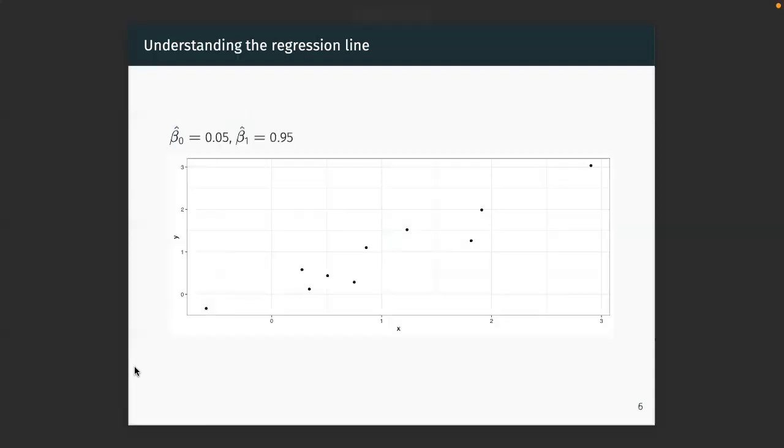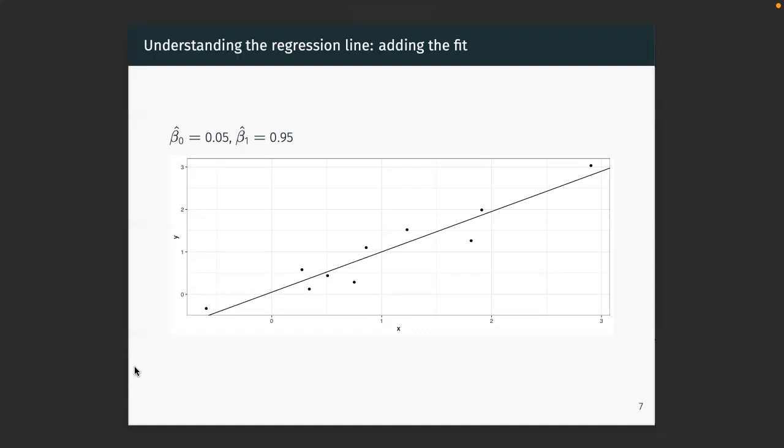So here's our regression line. These are the 10 data points I just showed you, just as a scatter plot, x by y. And I've set beta 0 and beta 1 in simulation to be equal to 0.05 and 0.95. Here's our fit line. Here's what an intercept of 0.05 on the y-axis looks like.